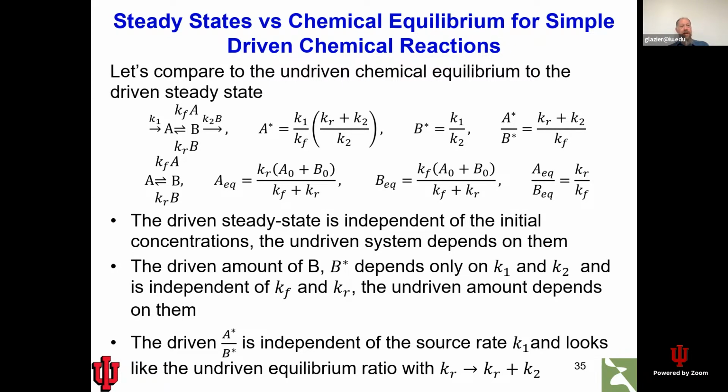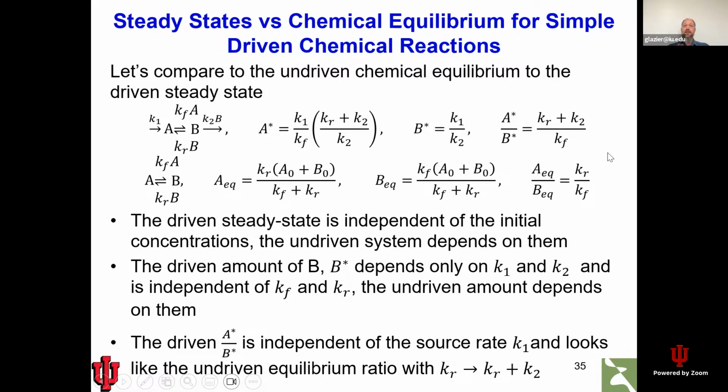The ratio of A star to B star, the ratio of the amounts, for the driven system looks like (KR plus K2) over KF. So that doesn't depend on my source, doesn't depend on K1. The ratio for the equilibrium has KF in the denominator and KR in the numerator, but there's this extra term K2.